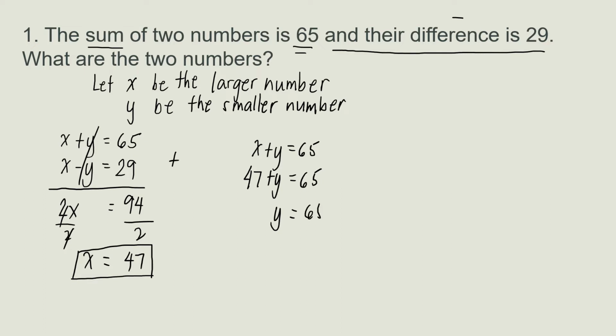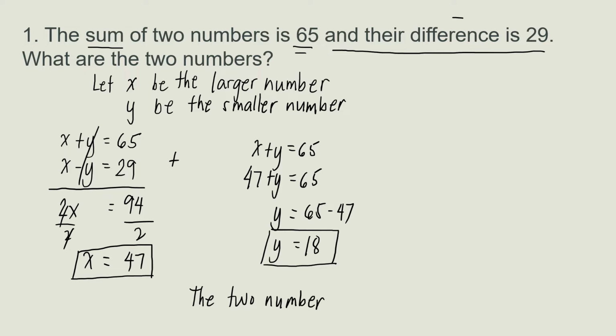You will have 65 minus 47, which is 18. So now our final answer, the two numbers are 18 and 47.